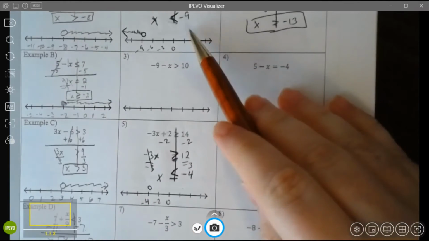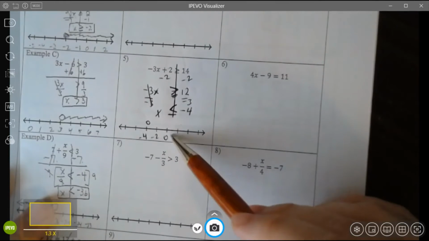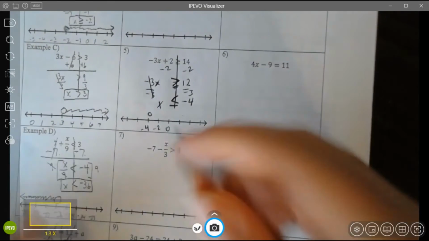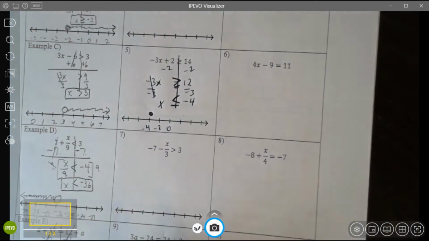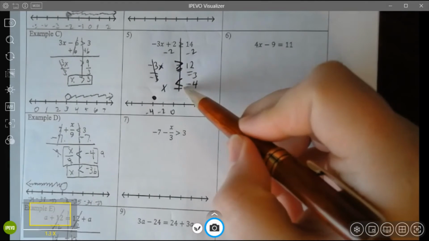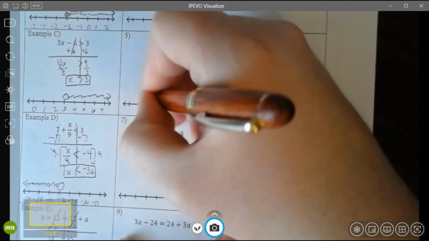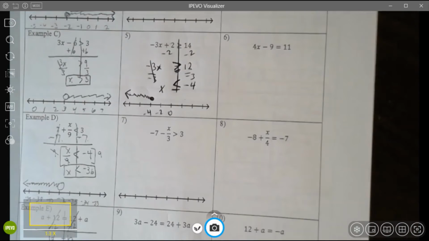Before, it could not equal -9 because it was strictly less than -9. Here, it could equal -4 because of the equal to sign. So we show that by filling in the circle. And then the inequality sign is facing to the left, so we're going to shade everything to the left of -4. That's the way our arrow is going to go, to the left.